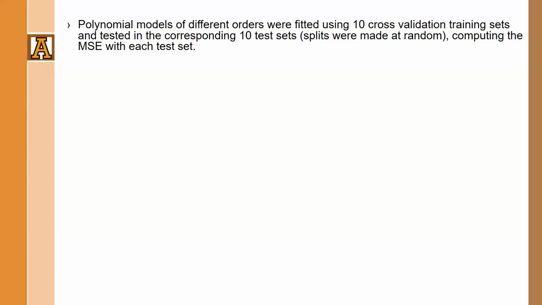So for polynomial degree 1, the model is trained with the data set, tested on the validation data set, and the mean square error computed. That was done 10 times. For polynomial degree 2, the same thing. For each degree of the polynomial, we fitted the models 10 times.